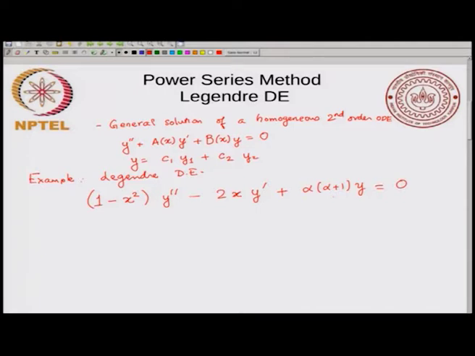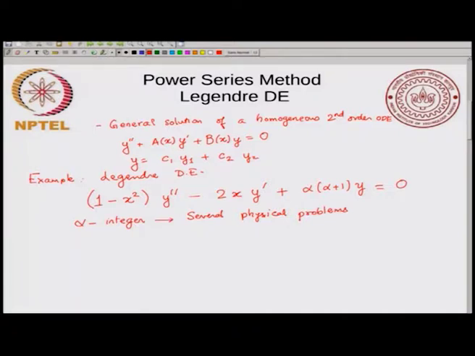I will just mention that with alpha being an integer, this is the form of the solution of several physical problems.